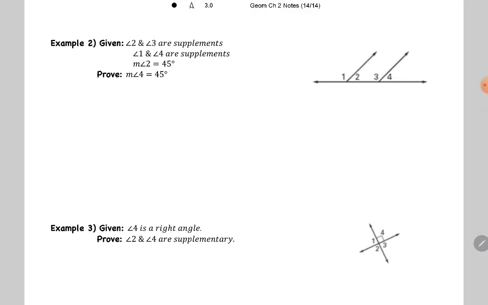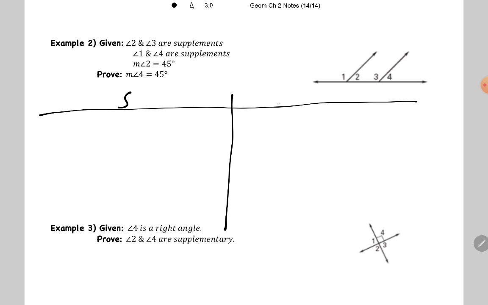Let's do another example. So angle 2 and angle 3 are supplements. Statement, reason. So angle 2 and angle 3 are supplements, means they add up to 180.